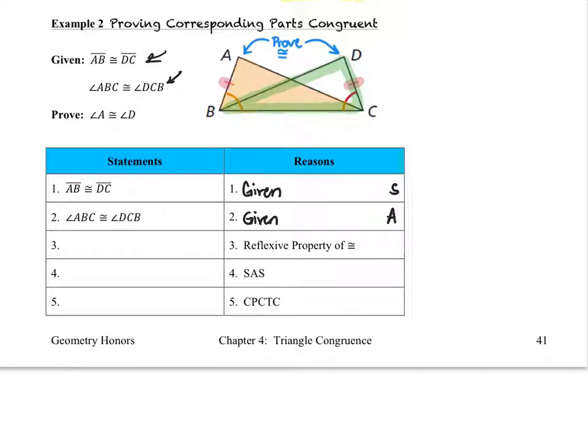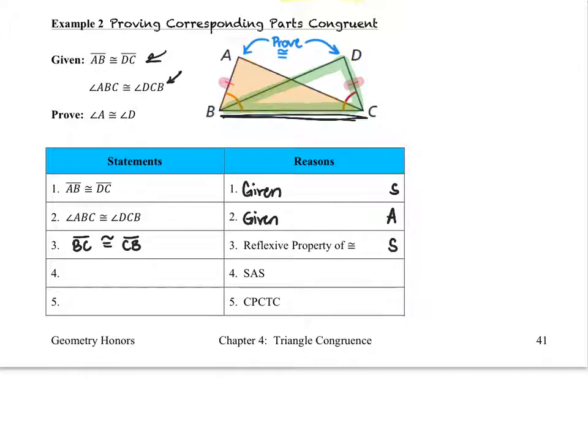And last of all, we have on number 3, reflexive property of congruence. We remember that that means it's going to be the same thing as congruent to the same thing. In this case, we can see that this segment BC is shared by both triangles. So segment BC is congruent to segment CB, and it's okay to write BC also, but we can see that the triangles are kind of reflections of one another, so that's why I've reversed the order of the points.